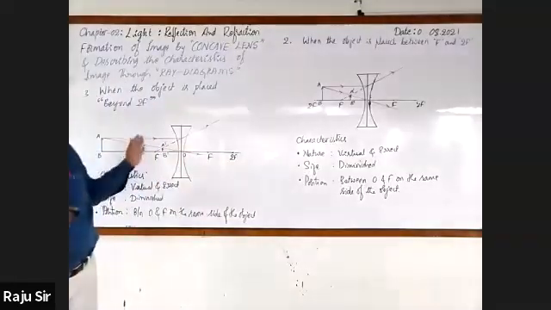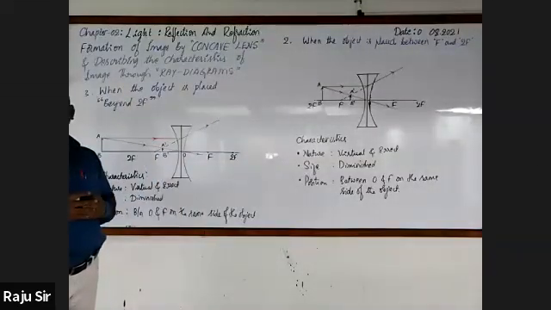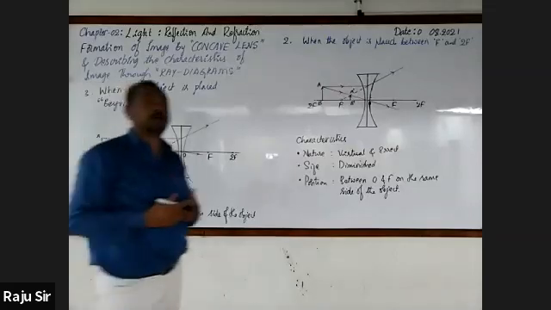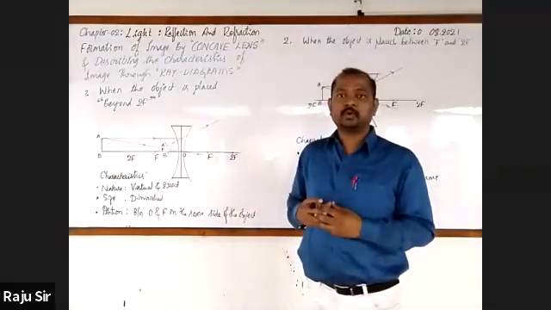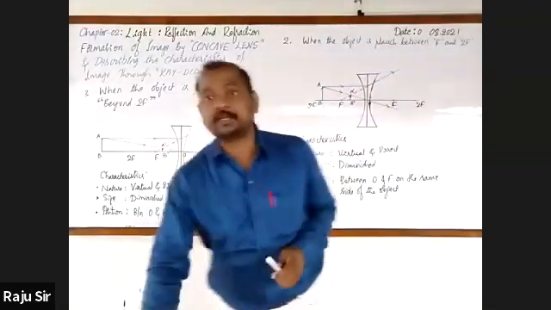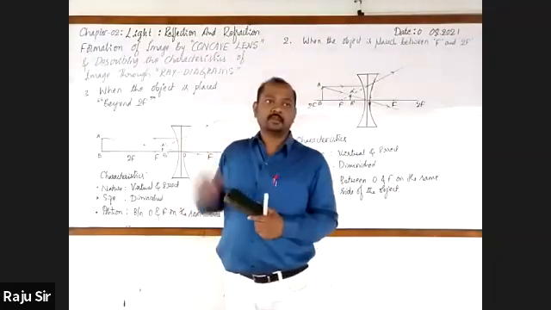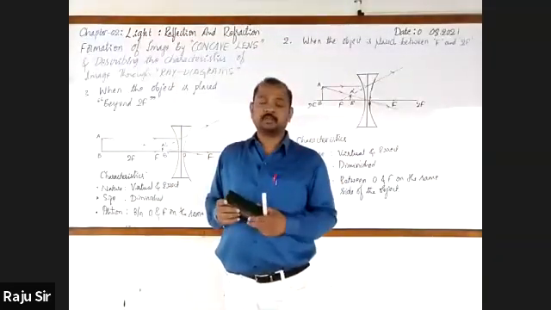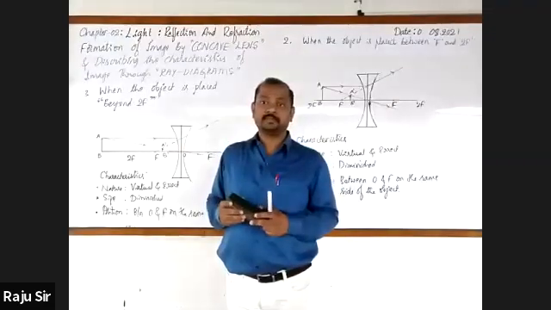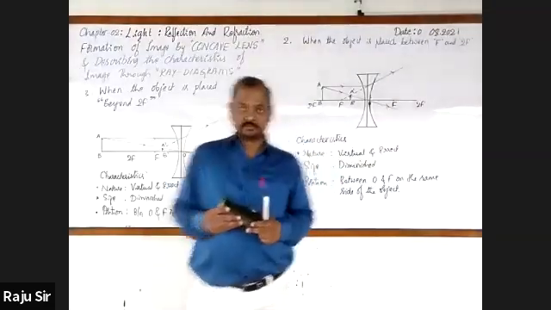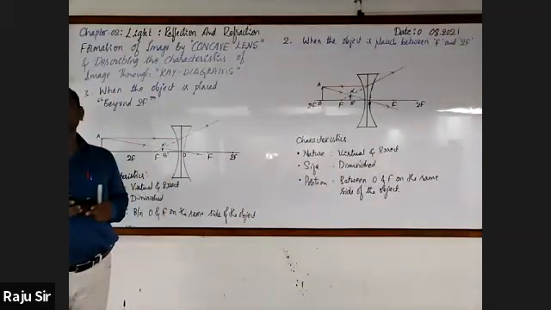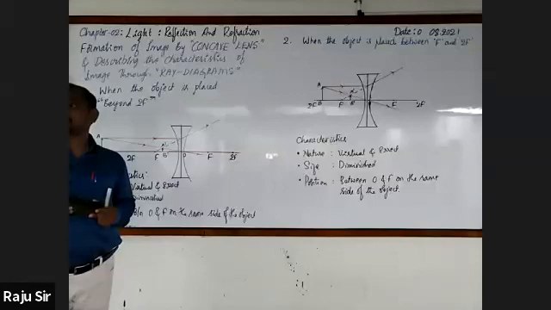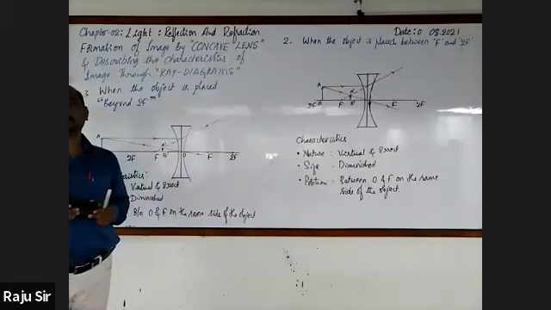So this is about describing the characteristics of the image formed by a concave lens through ray diagram. The next part of this concept, with respect to lens, is the new Cartesian sign rules, then the lens formula, and then magnification.